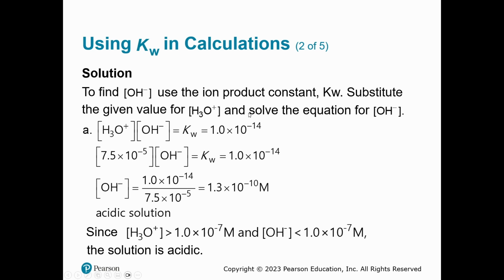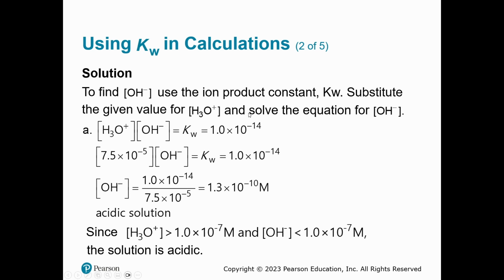We can assume whether these things are acidic or basic by seeing whether the concentration of OH or H+, depending on what's given to you, is greater or less than 10 to the minus 7. If you have an H+ concentration of greater than 10 to the minus 7, like 10 to the minus 6, 10 to the minus 5, 10 to the minus 1, those are going to be acidic solutions because there's more acid, there's more H3O+ or protons than there is hydroxide.